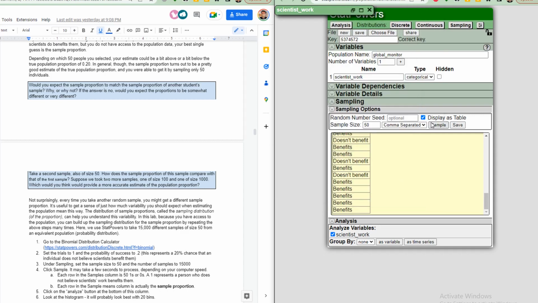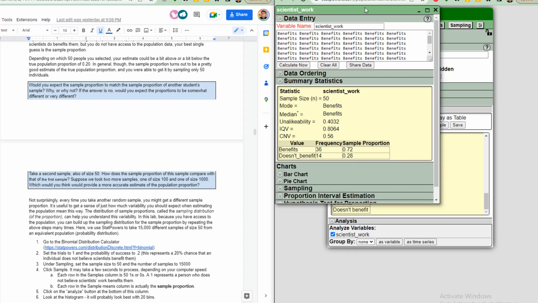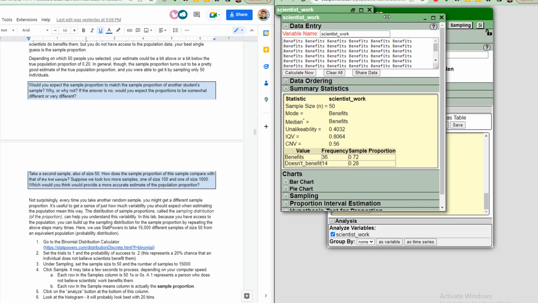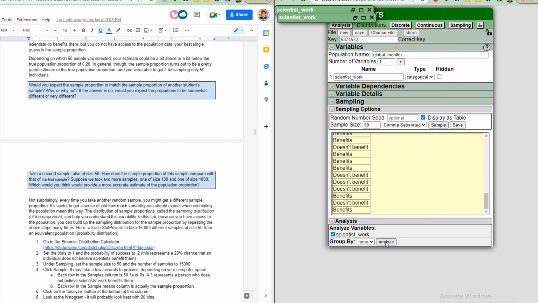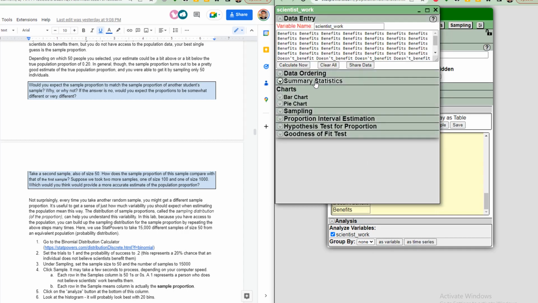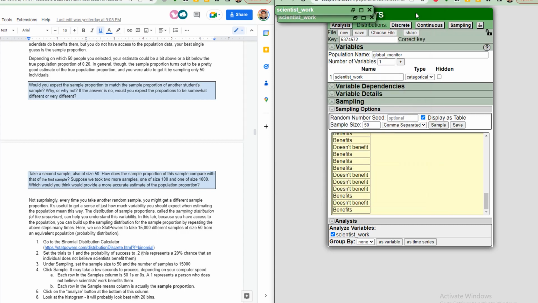I'm going to do this a couple of times, analyze as a variable, look at the statistics, 72%. So you can see that I'm hovering around that 80%, but we're not getting exactly 80%, except for that first time, 0.7 this time. It's been a little bit low. Maybe I'll get above 80% one time.